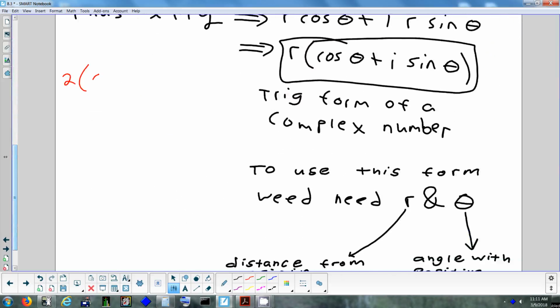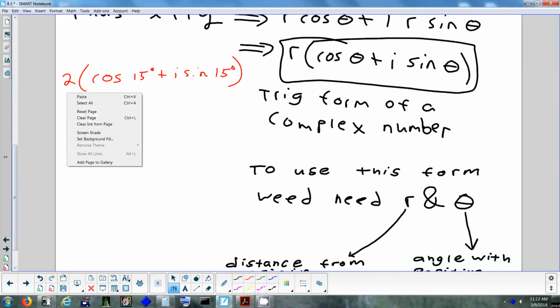You would calculate r, and you would calculate theta. I don't know, maybe theta comes out to 15. That is a final answer in trig form. In this case, it's the example where r happens to be 2, and your angle is 15 degrees. Your angle is not always 15. Your angle could be anything, but I'm just showing you an example.